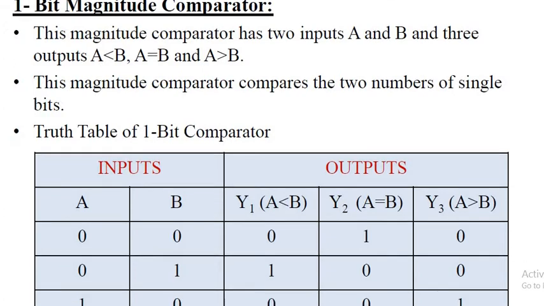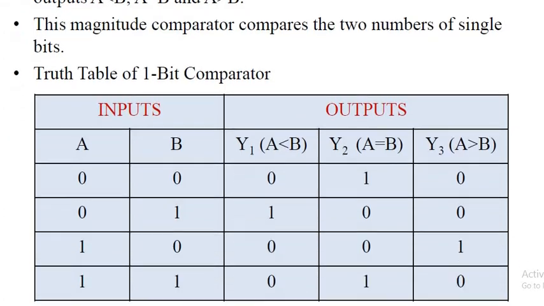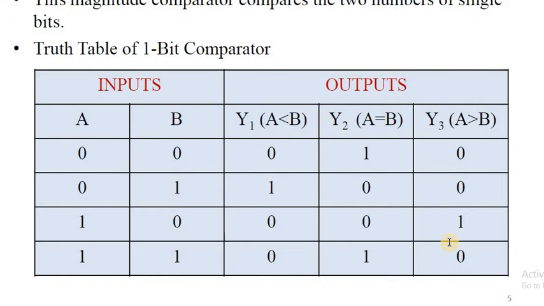First of all, consider the truth table of the 1-bit magnitude comparator. Here, A and B are the inputs, and the outputs are y1, y2, y3. What is meant by y1?